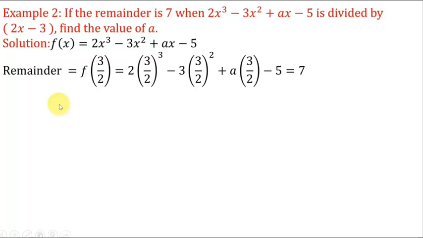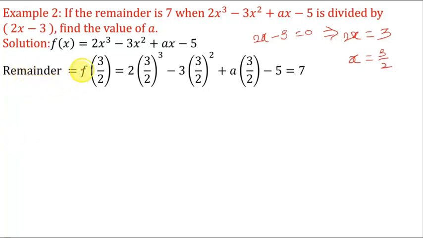Now for the remainder, again we have to replace x by 3 by 2. Therefore, we can write 2x minus 3 is equal to 0. It implies that 2x is equal to 3 and hence x is equal to 3 by 2.